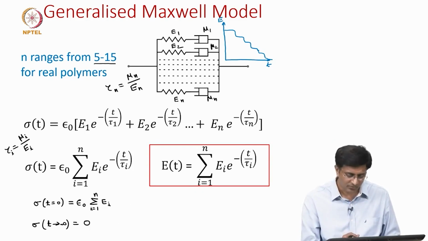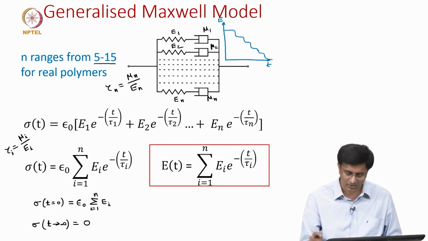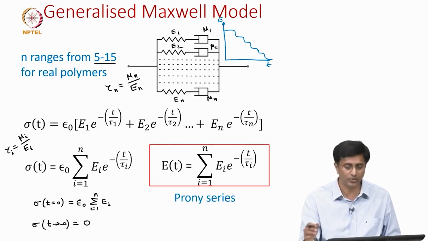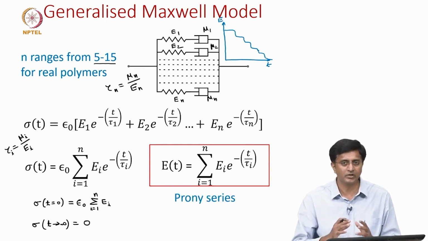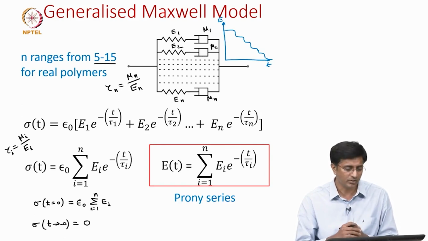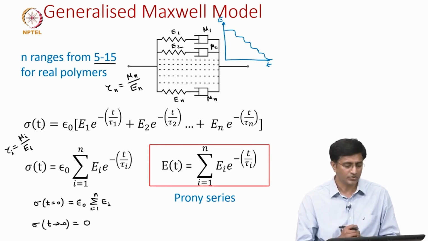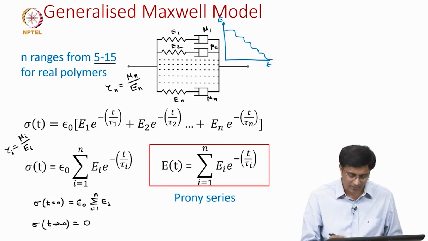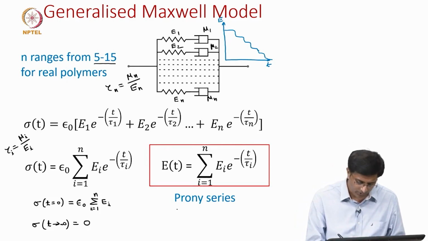This final expression for the relaxation modulus is very important, and it also has a name, the Prony series. It is very commonly used in commercial finite element software to model viscoelastic behavior. Ideally you need to simply provide the values of Ei and tau i.